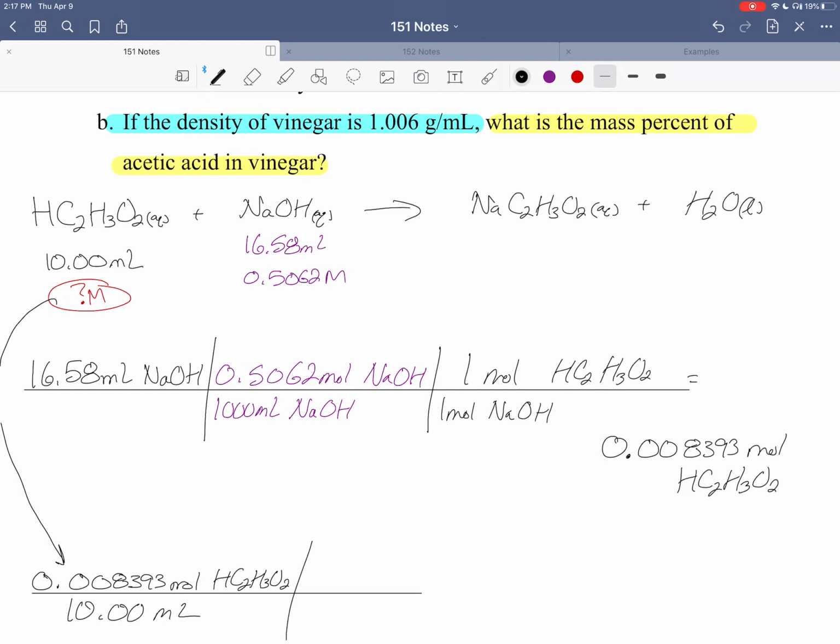Well, I have moles per milliliter. I want moles per liter. So 1,000 milliliters is 1 liter. And when I do that, I get 0.8393 molar HC2H3O2. And there is part A.